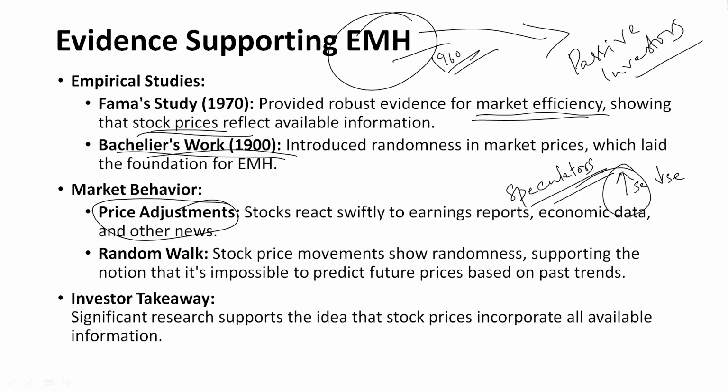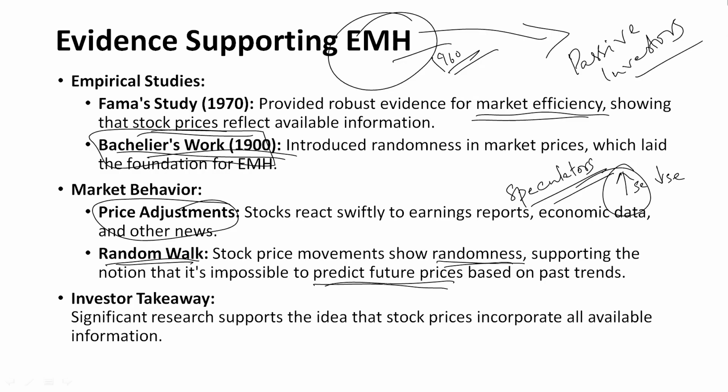Another evidence which supports the efficient market hypothesis is that prices are random in nature. That is the random walk theory, which was derived from this particular study. There is randomness in the movement of price, and there is no analytical tool or statistical tool which can predict the prices of stock in future.